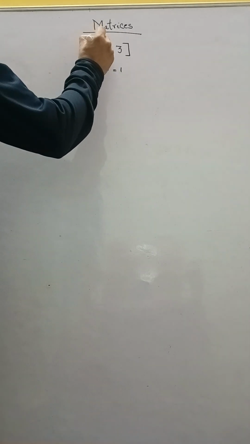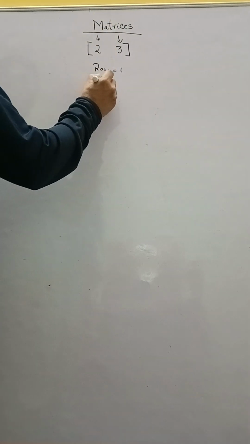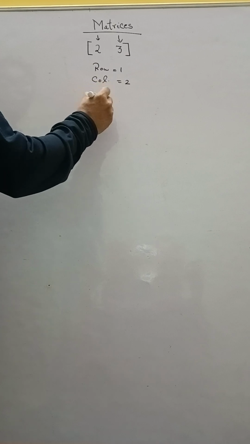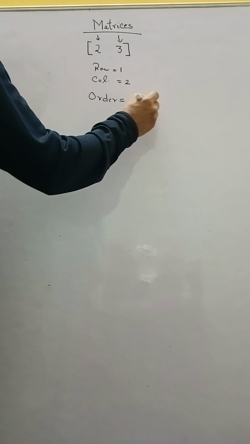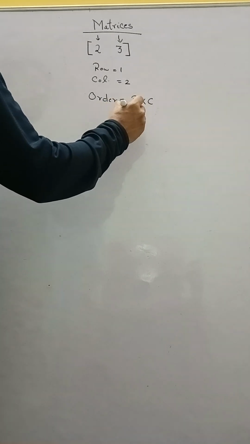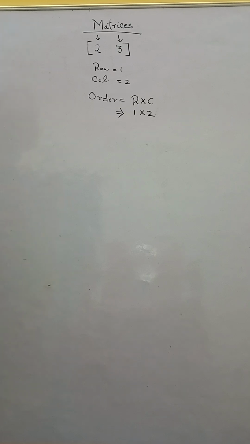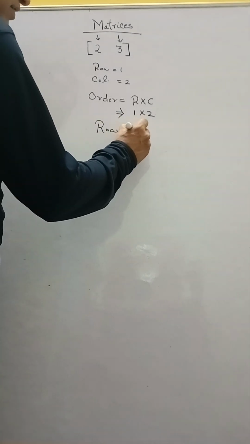And the vertical lines, they are the columns. So columns are 2. What is the order of this matrix? Order will be row by column, that is 1 by 2. Such a matrix in which there is only one row is called a row matrix.